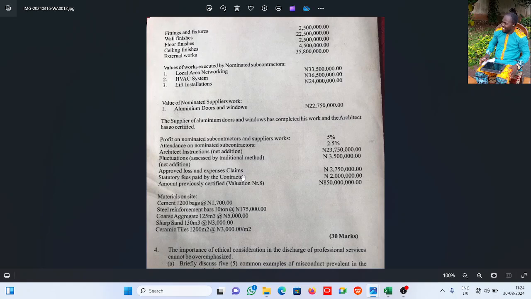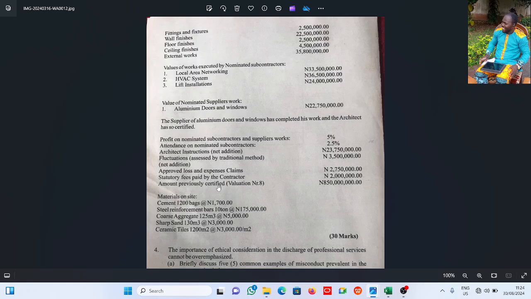Maybe there's a change in the scope of a particular work, or a change in the sequence or methodology of the work, and he went an extra mile to execute it. He has to claim for loss and expense. Or take, for instance, the soil report he got says one thing, but when he got to site, it is something else. So he has to go an extra mile, maybe do another soil test or soil report, and he has to claim for this money. These are loss and expense claims.